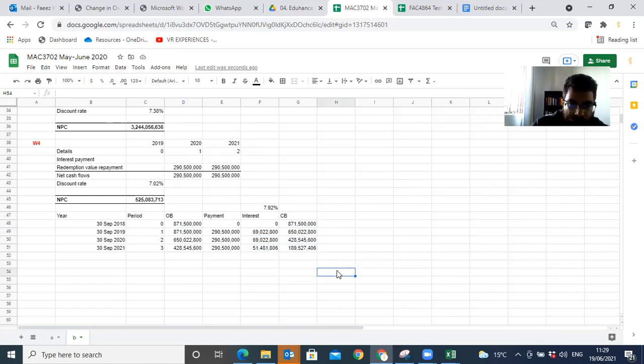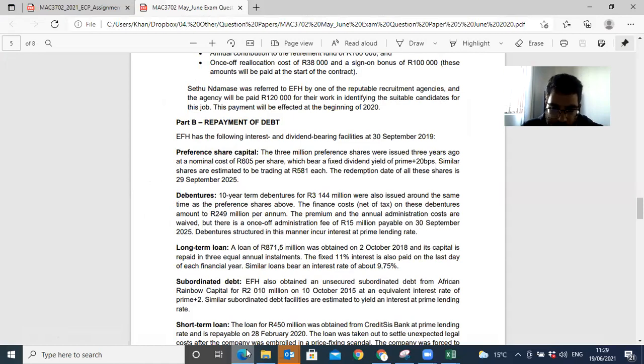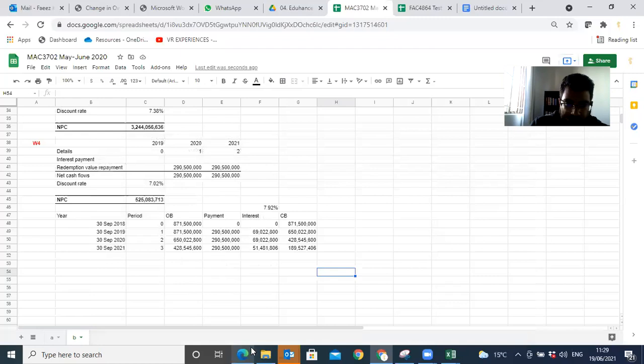Let's see quickly. What do we do? A loan was obtained in October and its capital is repaid. The fixed interest is also paid. Okay, so this must be that minus. So all the stuff is paid.